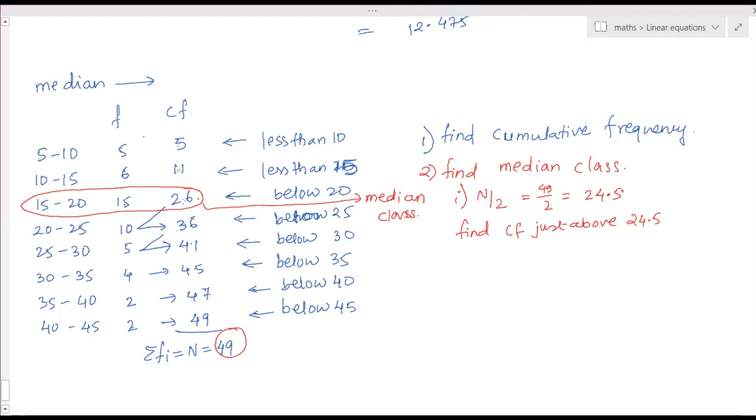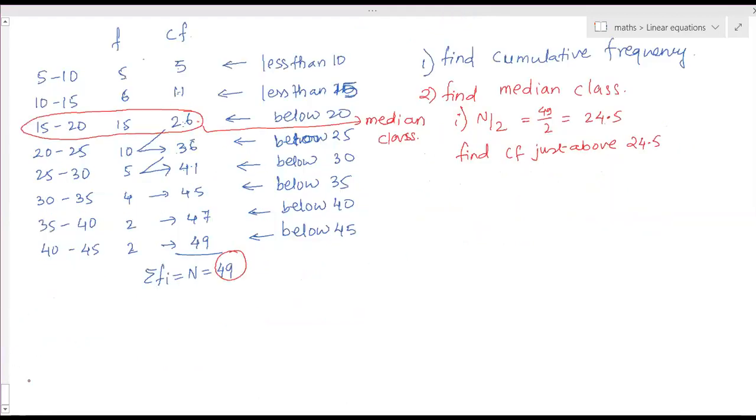Then take the number near 24.5 but greater than it. That can be 24.5 itself if it is present; otherwise, the one closest to 24.5 but larger than it. That is the median class.